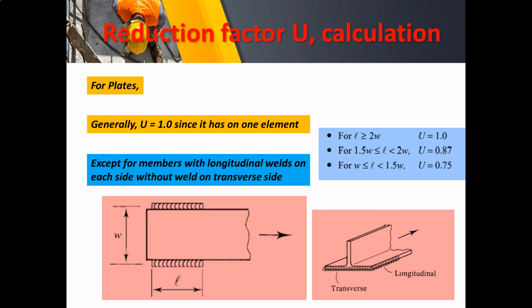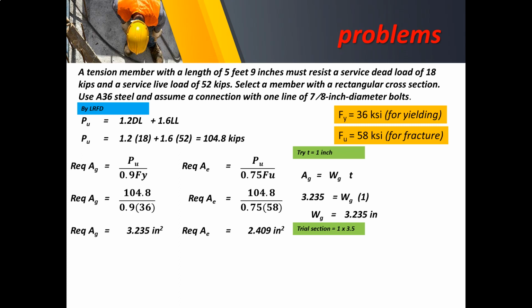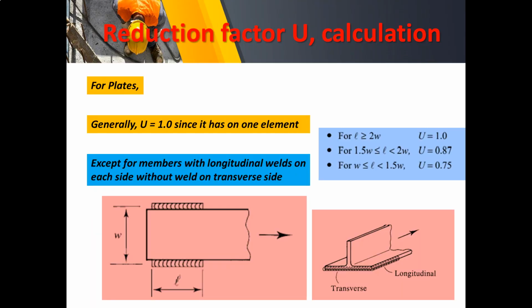So in this case, we recall our knowledge on the reduction factor U, because in this calculation we are concerned with the net area, and the net area has to be multiplied by the reduction factor U to make it an effective area.